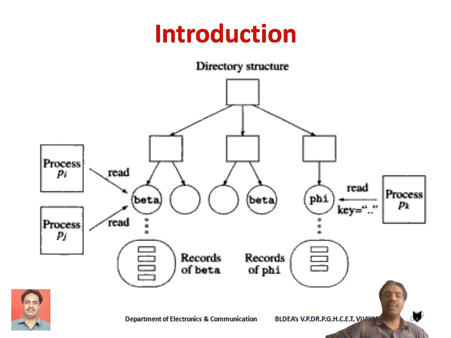This is how, in general, we represent the file system. The different programs can access the records stored within the files, they can be processed, and again they can be stored back into the files.